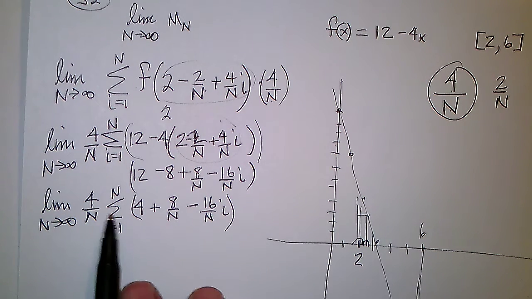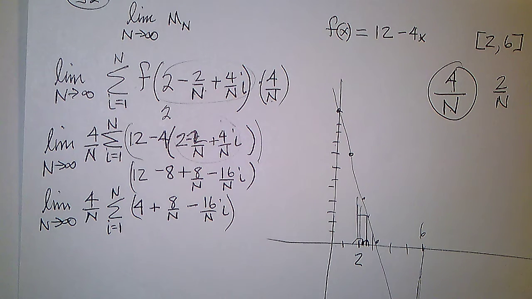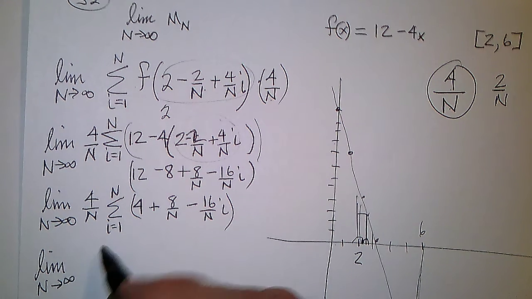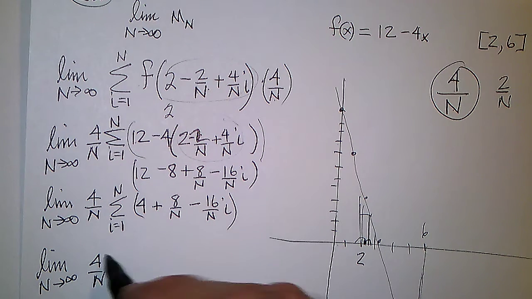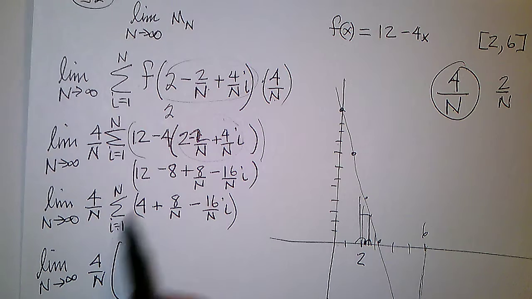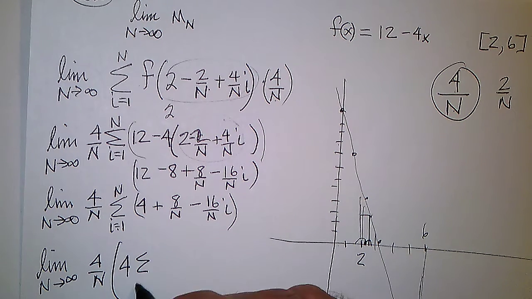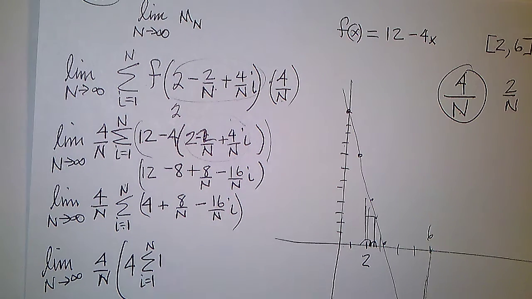Now we're going to split this up into 3 different ones. So we have the limit as n goes to infinity of 4 over n. The sum of this first one, 4, sum of as I goes from 1 to n of 1.